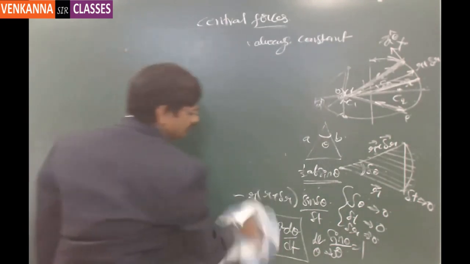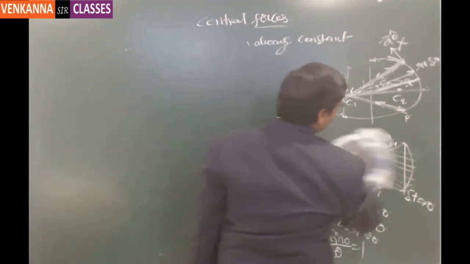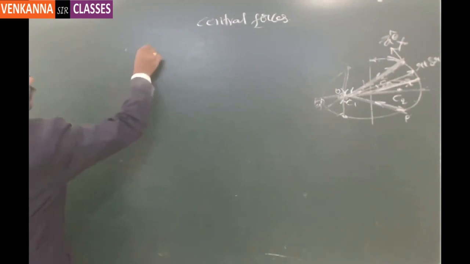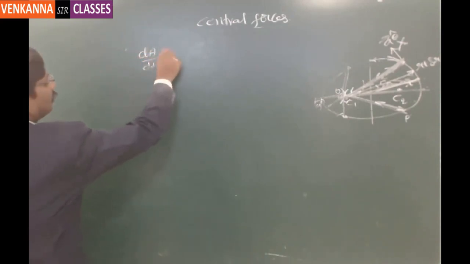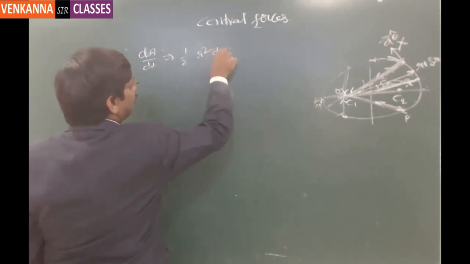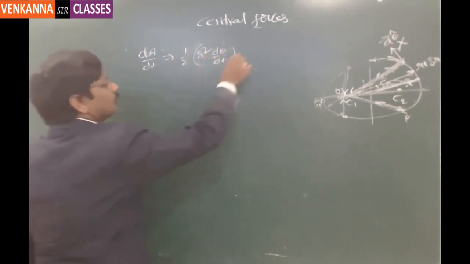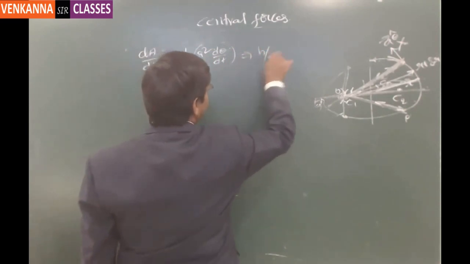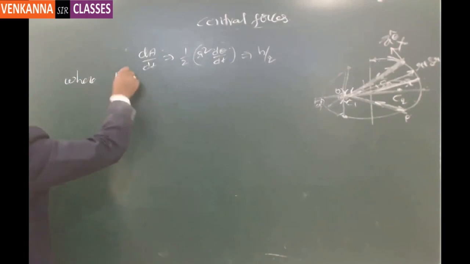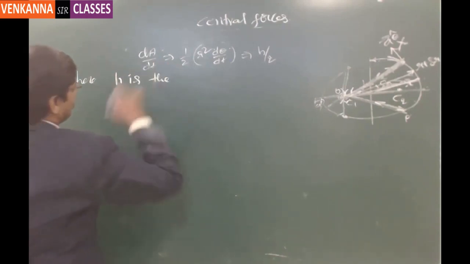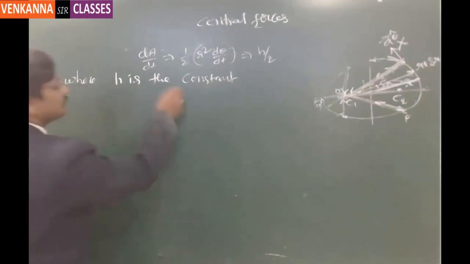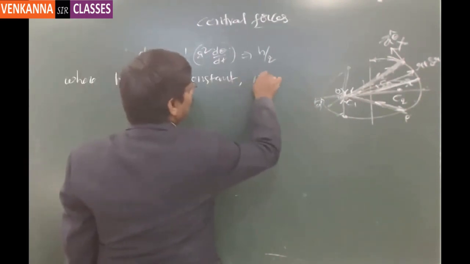Which essentially means that the rate of sectorial area is going to be an important constant. dA by dt is equal to 1 by 2 times r square into d theta by dt, where r square into d theta by dt you can replace with h, where h is the constant. Got it? So h is a constant which we call the angular momentum.